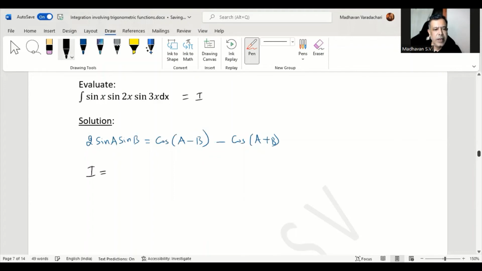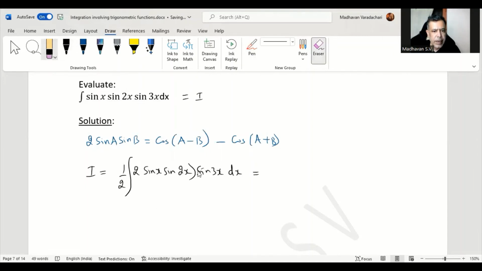Now I can be rewritten as 1 by 2 times the integral of 2 sine x sine 2x sine 3x dx. Now for this we can apply that trigonometric identity, leaving apart the sine x.